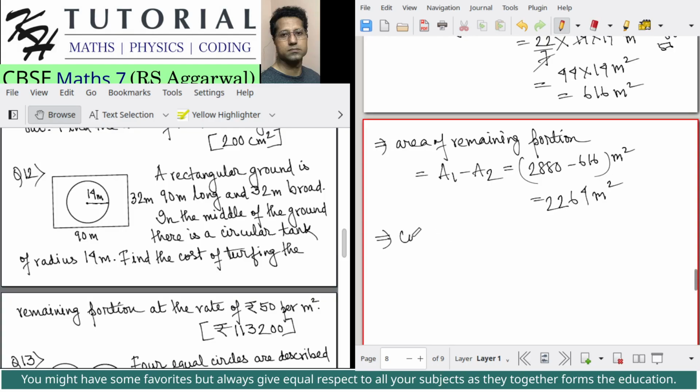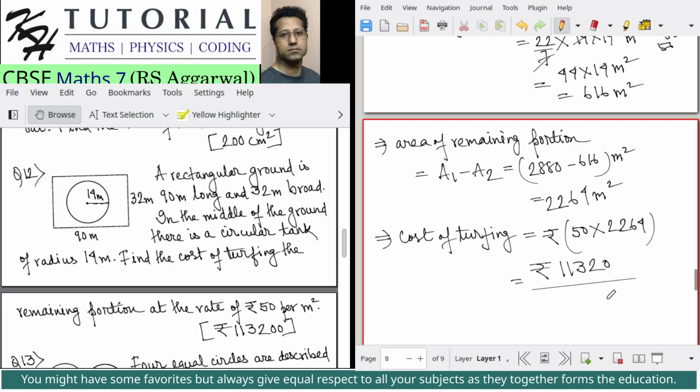So the cost of turfing, I don't know what turfing means, will be rupees, rate is 50, and the area to be turfed is 2264. This is equal to 2264 multiplied by 5, which is 11320. So this is rupees 11320. Okay.